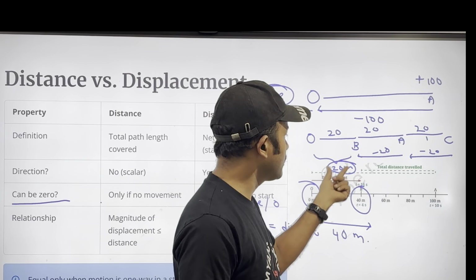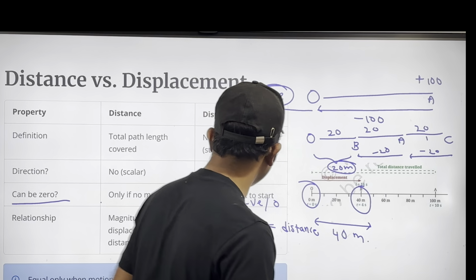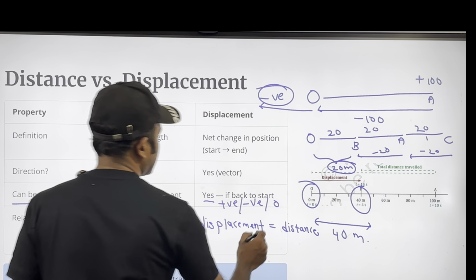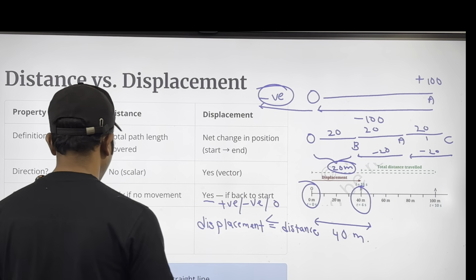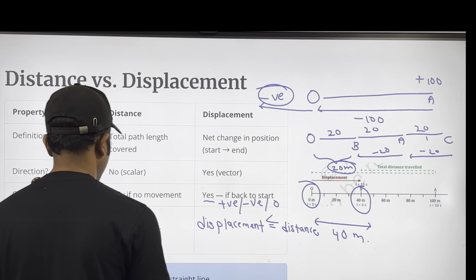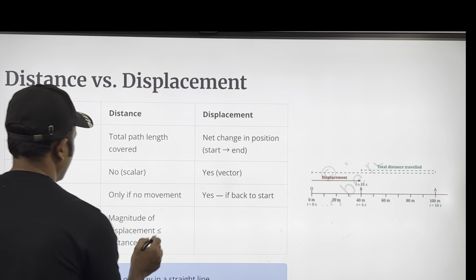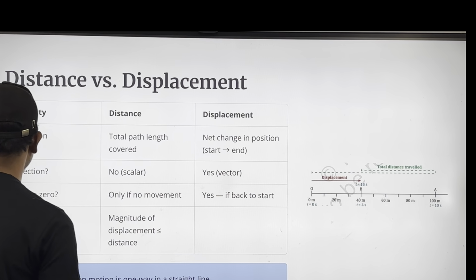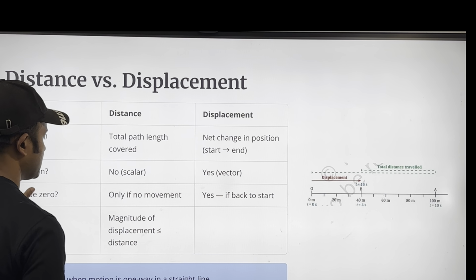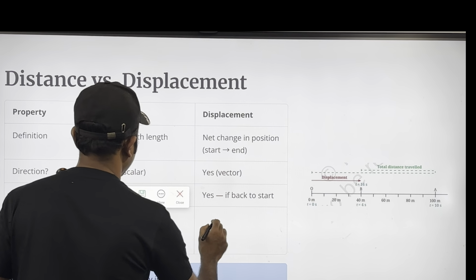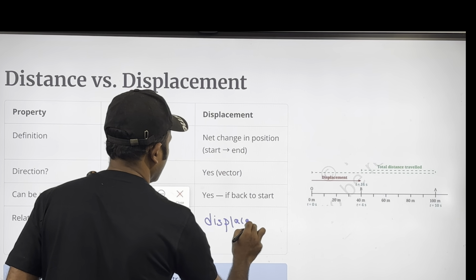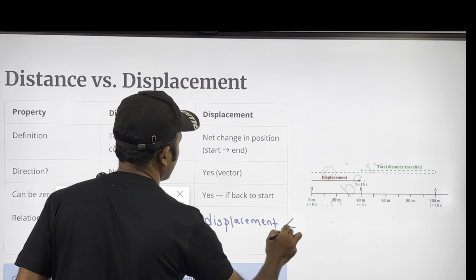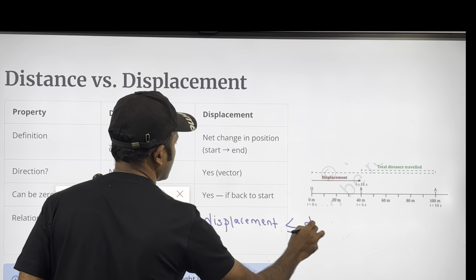But the displacement is 20, so the displacement value is lesser than the distance value. So the displacement value may be equal to the distance or less than the distance.